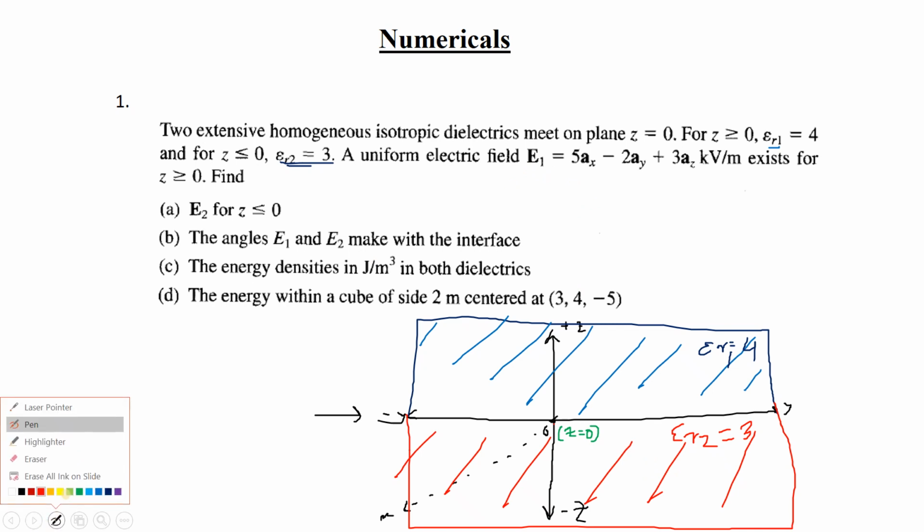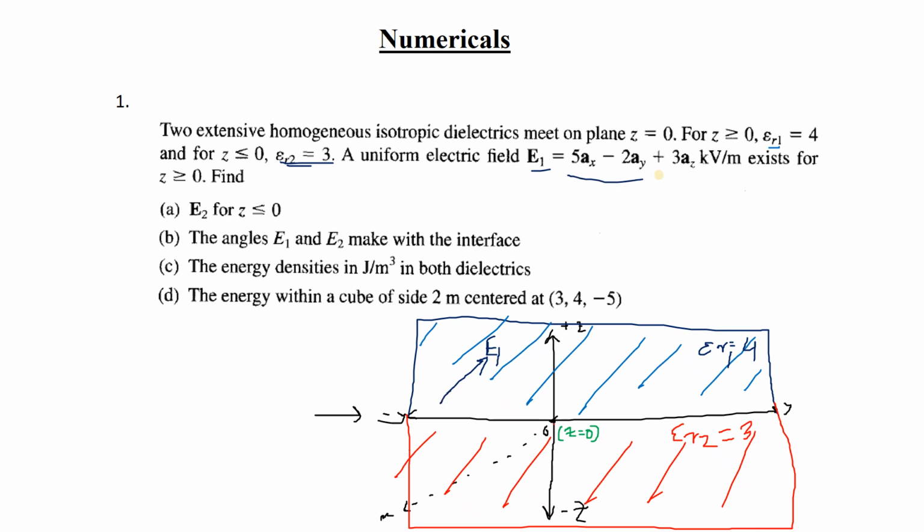Now medium 1 has an electric field of E1. That means over here there is an electric field of E1, and the E1 value is given in vector form, in units of kilovolt per meter. This electric field intensity exists for z greater than or equal to 0.